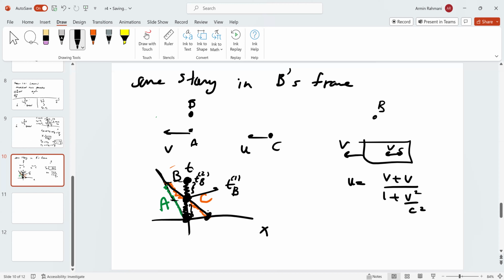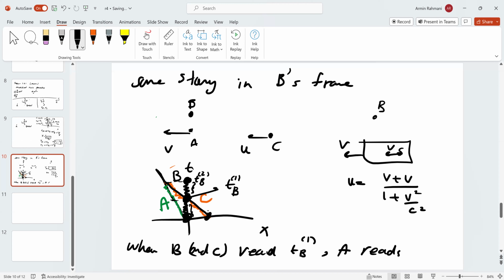Now from the point of view of B, A is moving, right? So A's clock must be ticking slower. So when B and C read that TB1, A reads TB1 over gamma, right?